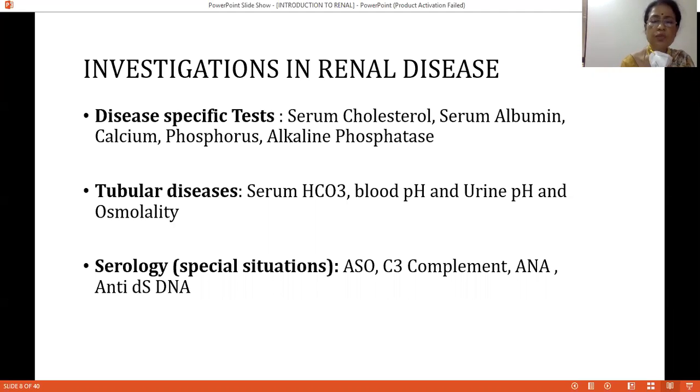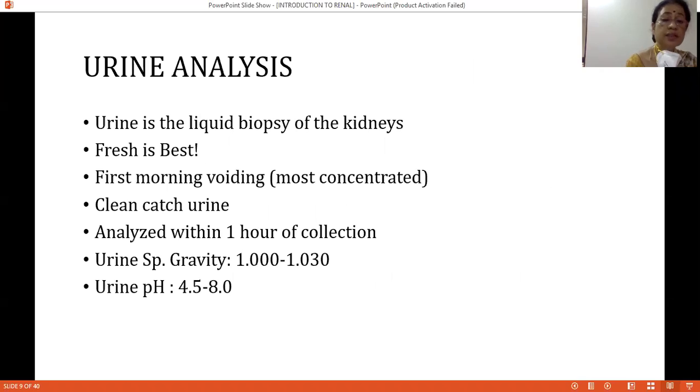In nephrotic syndrome, minimal change, there is no change in complement. But if it is acute post-streptococcal glomerulonephritis, then C3 will be depleted. Then ANA, anti-nuclear antibody. If you suspect collagen vascular disease, ANA is important. Anti-ds-DNA, all of you know, is specific for SLE.